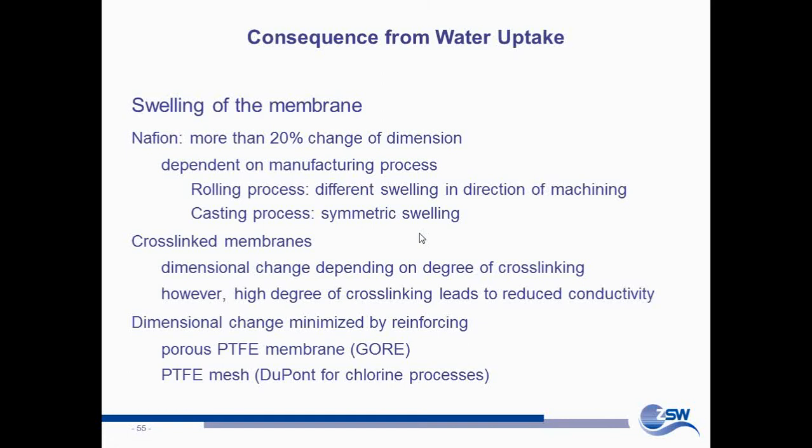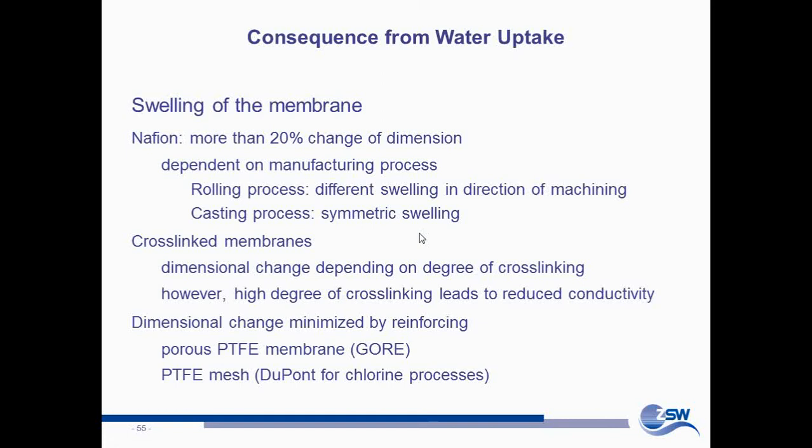But just think about it: you've got a fuel cell, maybe 30 centimeters in length, 10 centimeters in height, and you've got a material that swells about 20% in the XY direction. 20% of 10 centimeters is 2 centimeters. So the material would like to be 6 centimeters longer or shorter in one direction and 2 centimeters in the other.